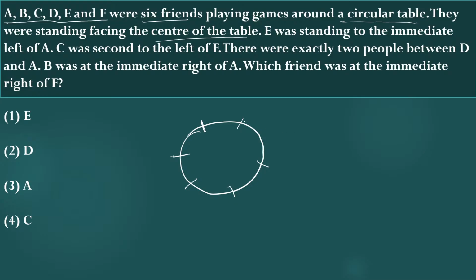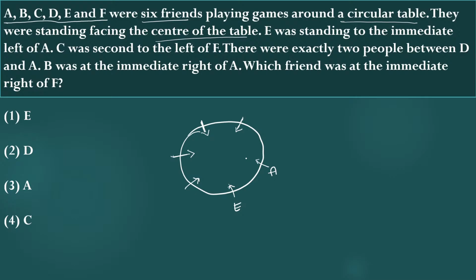E was standing immediately to the left of A. So suppose I write E here, then E is immediately left of A, here A is. Why? Because they are facing towards the center.